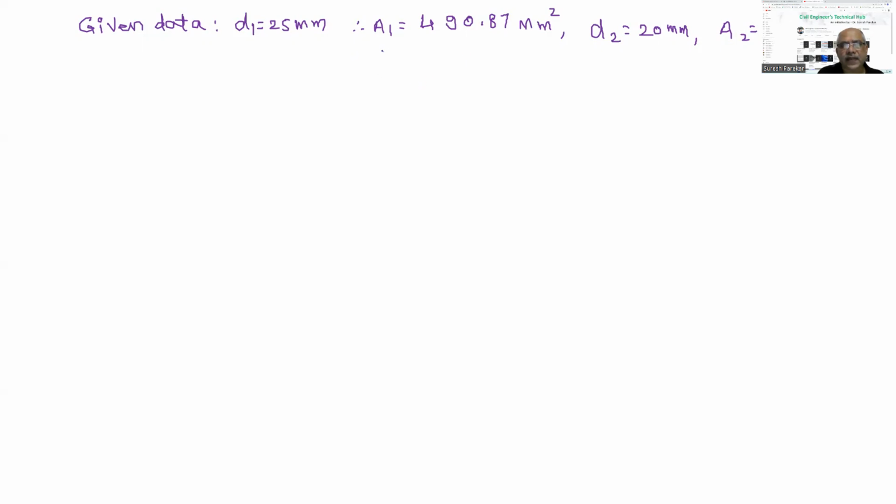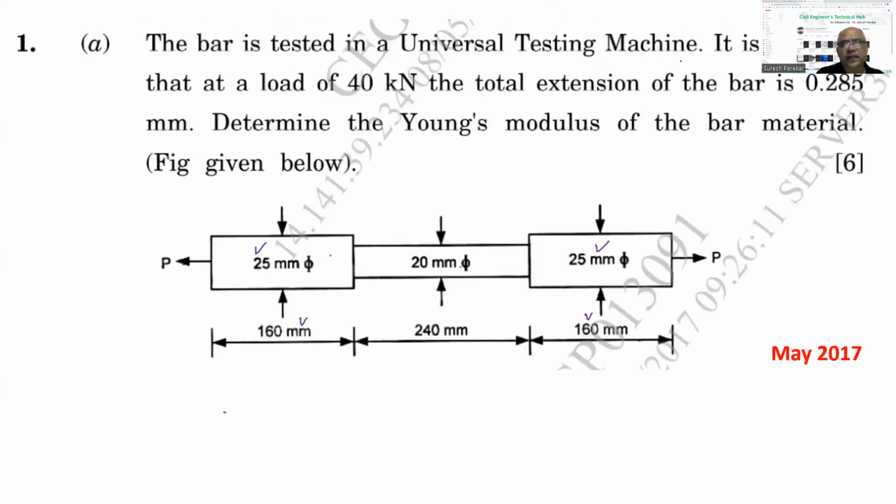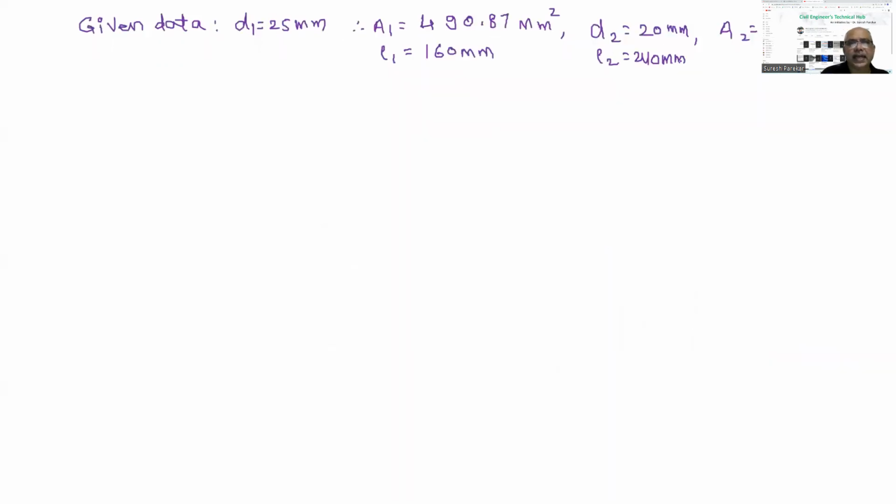Now L1 is 160 and L2 is 240 millimeters. E we have to find.